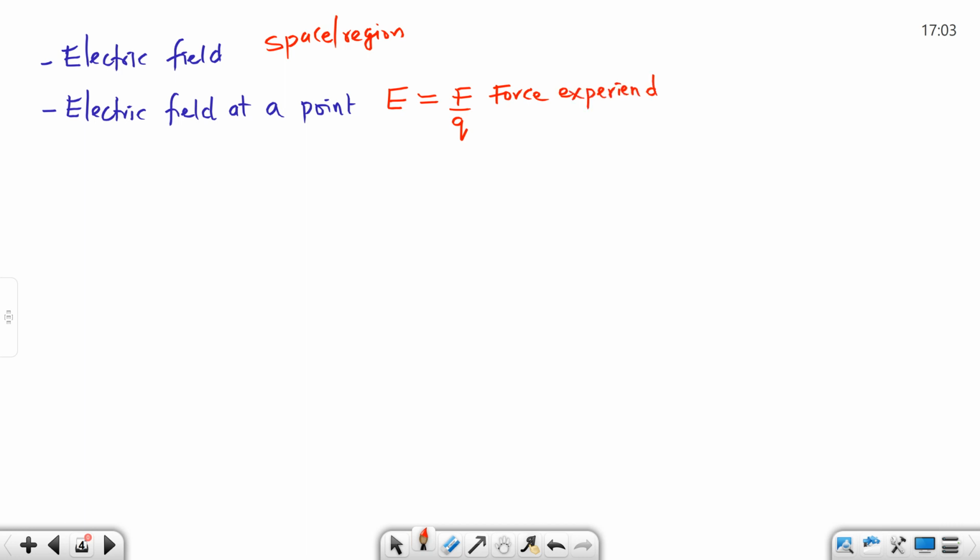So you use your formula page to define. Force experienced. When in physics, this divided means per unit. And what is Q? Positive charge. And we are done. So, electric field at a point is the force experienced per unit positive charge.